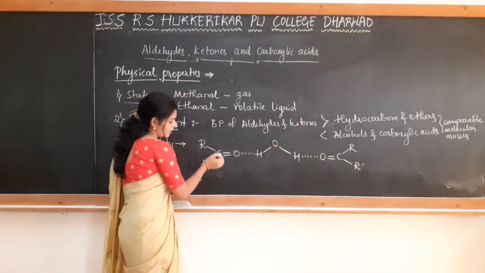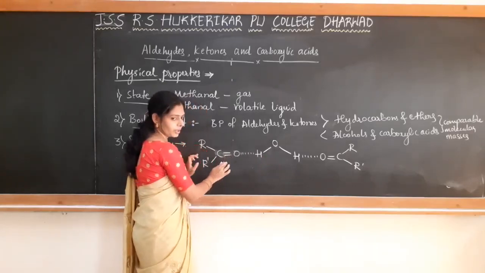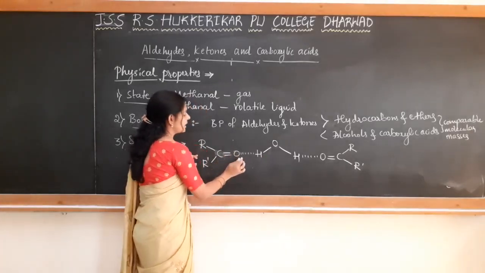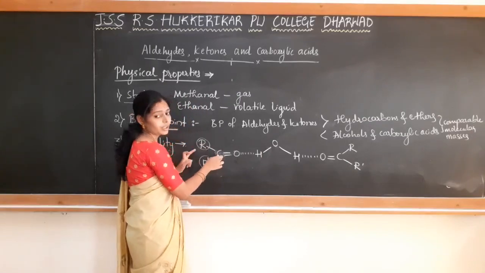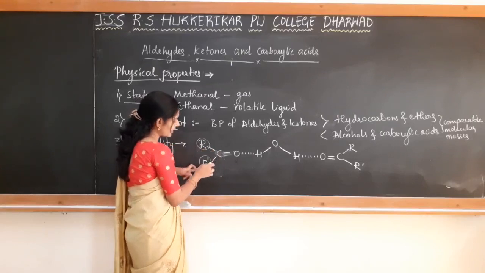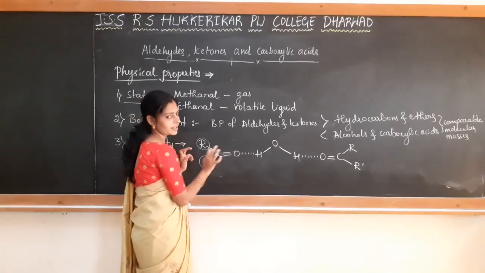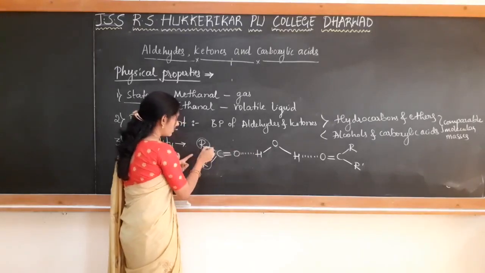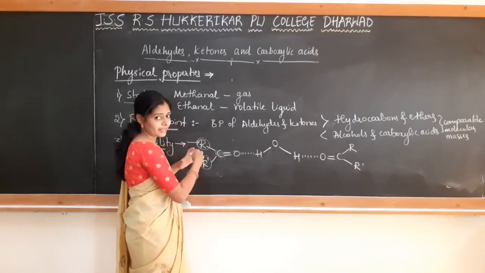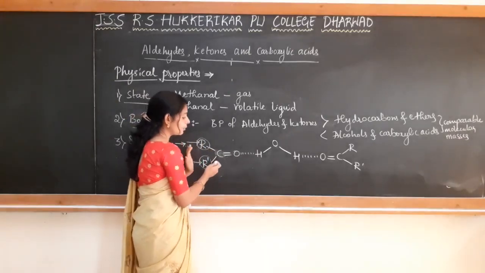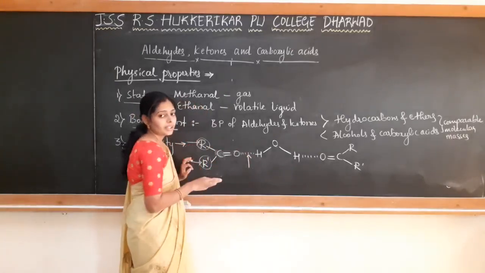And this affinity between water and the aldehyde or ketone is possible only when a small group is attached to the carbonyl group. If smaller groups are present in that aldehyde or ketone, only then does it have the affinity. If the number of carbon atoms in the alkyl group is increased, or as it becomes bigger, the hydrophobic character increases, so the affinity to form hydrogen bonding will reduce.